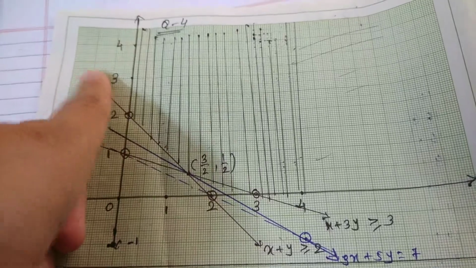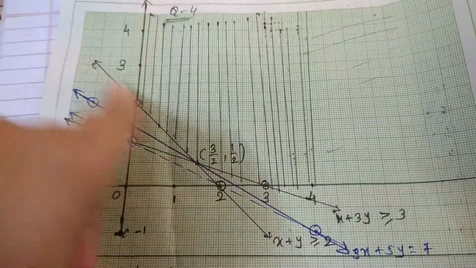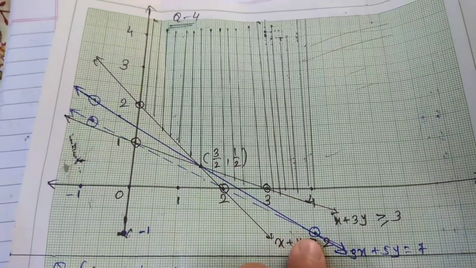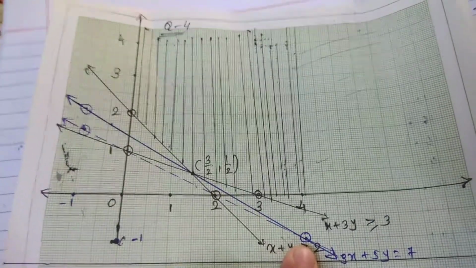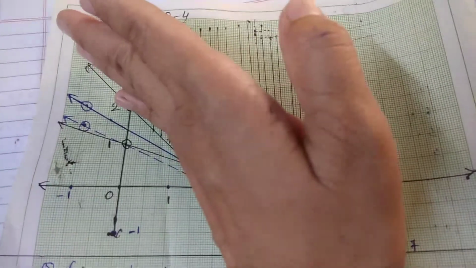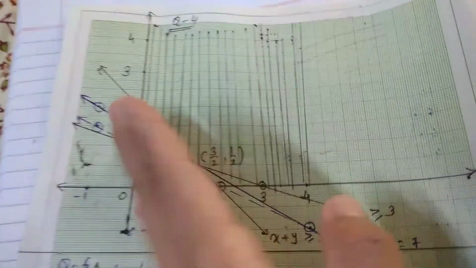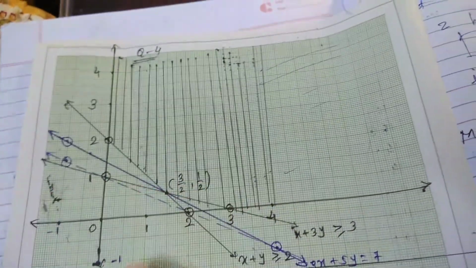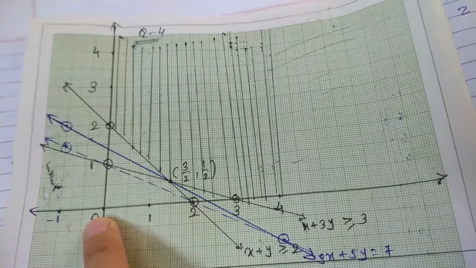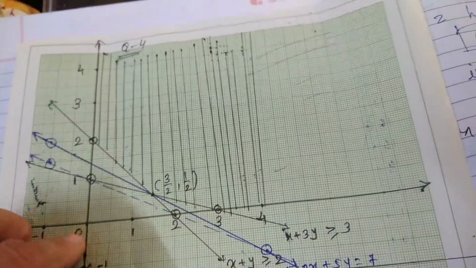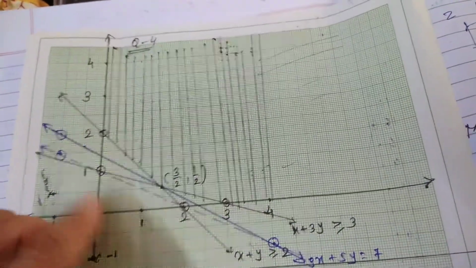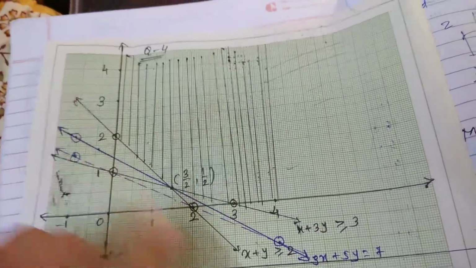Now let us draw the line joining these two points. Now for ≥ 2, for simplification, the line and the portion above it will be the solution: greater than means above, and less than means below. But this works when the line does not pass through the origin; otherwise we consider any other point and then find out.